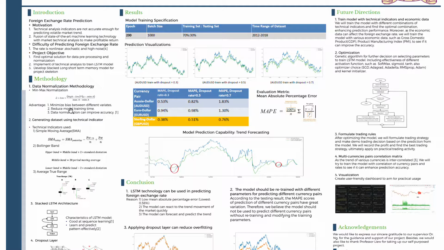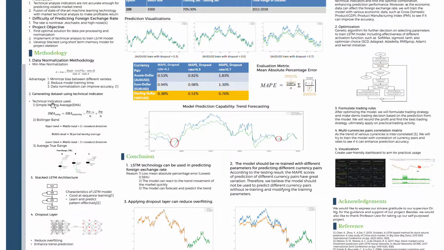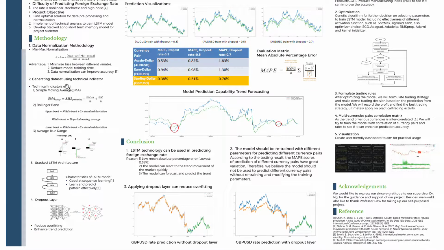It is because we can minimize the bias between the variables and reduce the model training time as well. Moreover, after going through a lot of academic papers, we found that data normalization can help the model to improve the accuracy, and therefore we have implemented this solution.